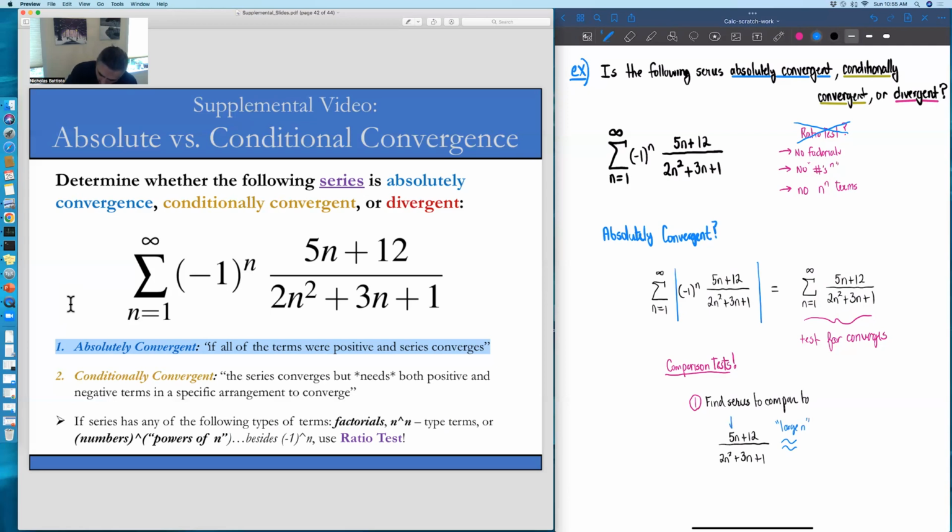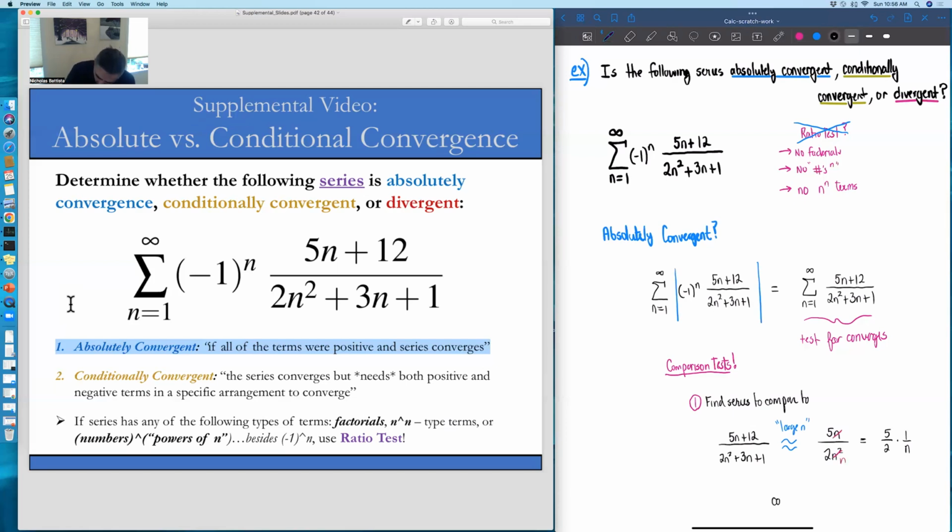In the numerator we have a 5n and a 12, and for very large n, that 5n is going to contribute the most. So we put a 5n in the numerator on the right-hand side. We do a similar thing for the denominator: for large n, the term that contributes the most is the 2n^2. So we take that 2n^2 and put it on the right-hand side. It looks like the series function we're going to compare to will be 5/2 times 1/n after a little bit of algebra.